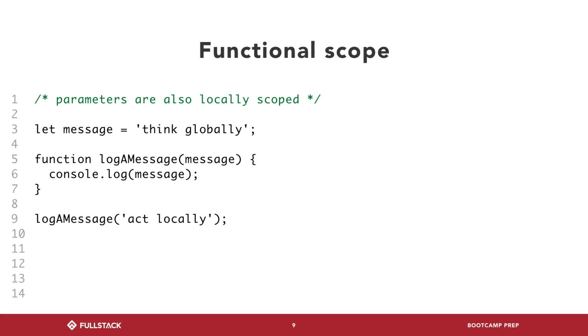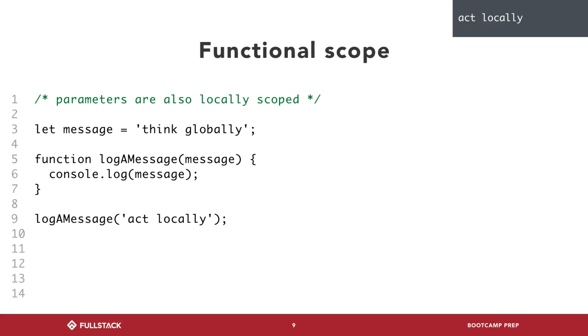So on line 6, when I console log message, the first question I ask is, is there already a variable called message in my function scope? And the answer is yes. It was created when I made that a parameter. So when I log out message, I'm going to log out "act locally."